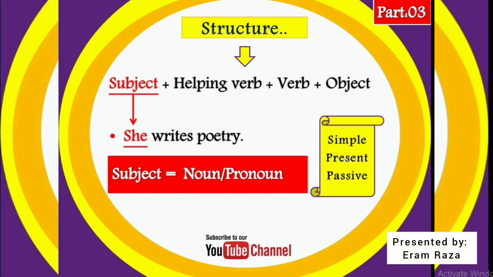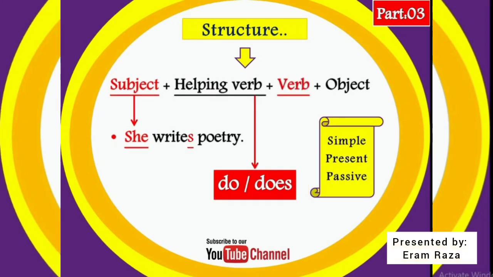Now let's discuss the helping verbs. So if you're talking about सिंपल प्रेजेंट पैसिव, तो सिंपल प्रेजेंट पैसिव में आपने ये माइंड में रखना है कि अगर हम हेल्पिंग वर्ब की बात करते हैं तो there are only two that we can use in simple present tense, that can be do and does. So any one of them we can use in simple present, but this is for active.